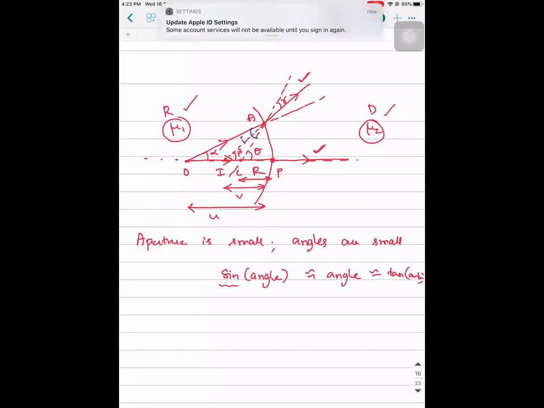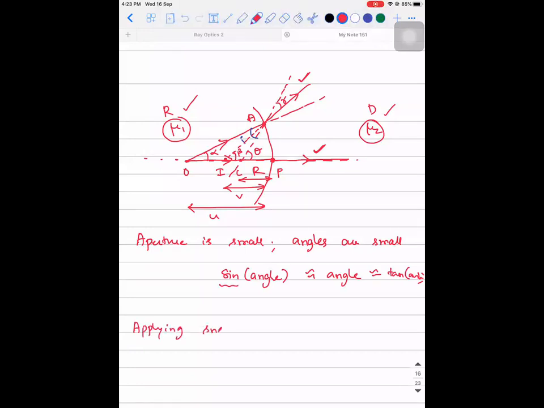So when I apply Snell's law, at which point? At A. If you apply it at P, you will not get anything because there are no proper angles. Angle of incidence is 0, angle of refraction is 0.